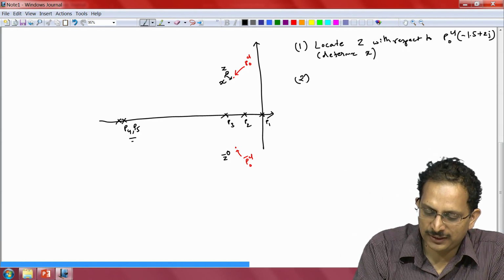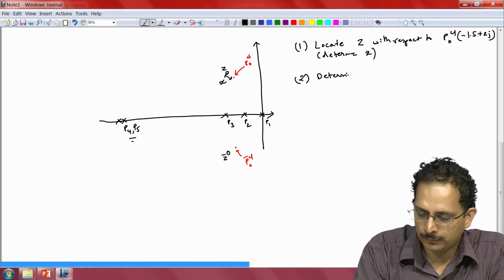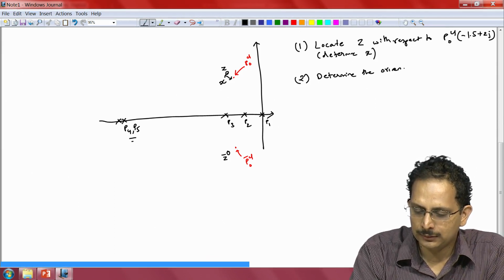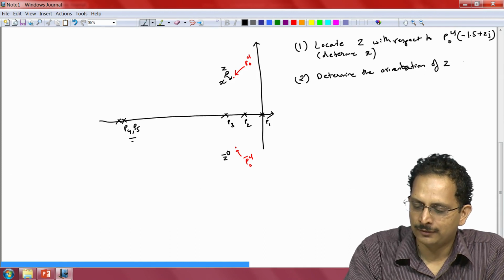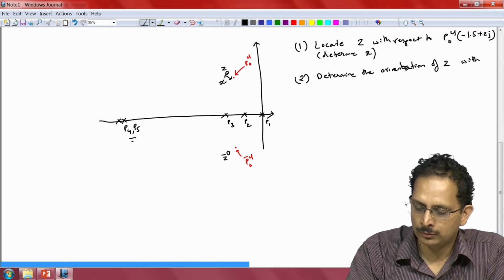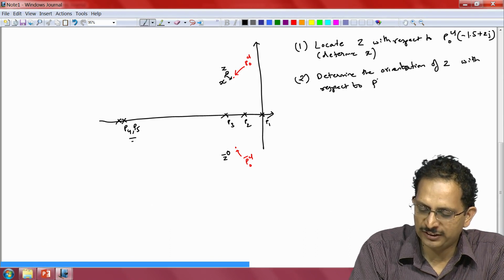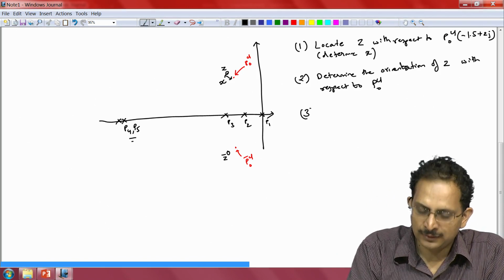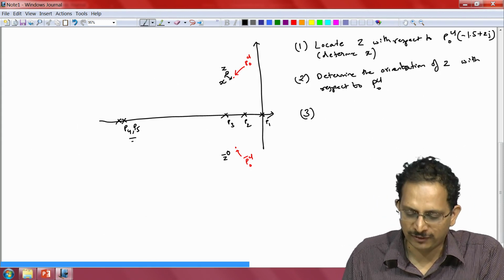The second step in the design is to determine the orientation of z with respect to the point PCL naught. That is the second step. The third step is to determine the positions of the poles P4 and P5.